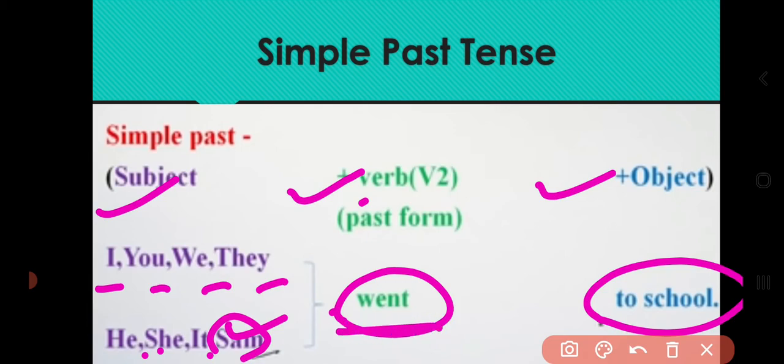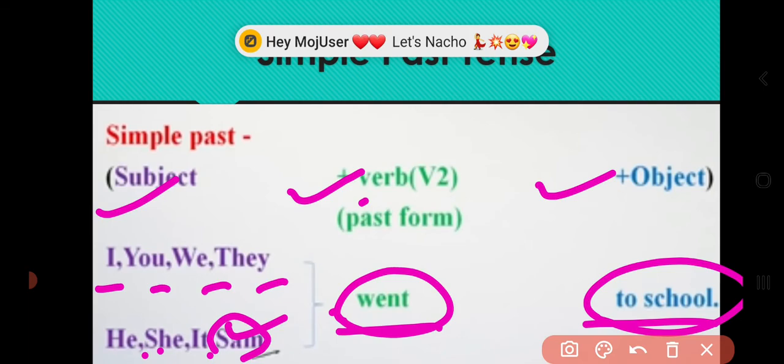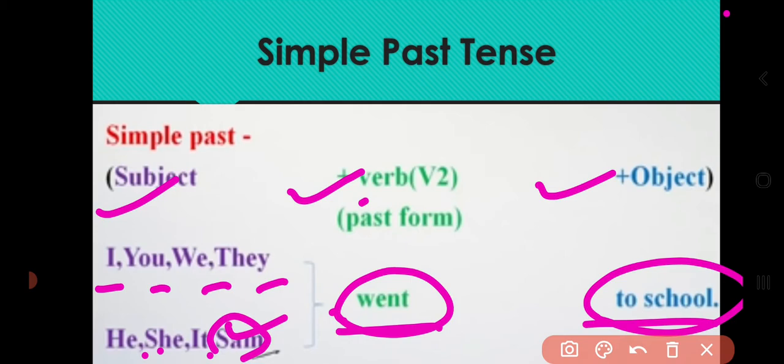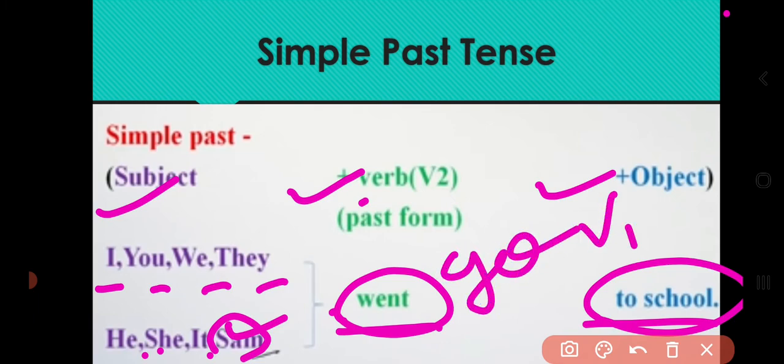Sam went to school means this action has already taken place in the past and we are talking about it. Went is the past form of go. Go is verb 1, and the past form is verb 2, which is went.